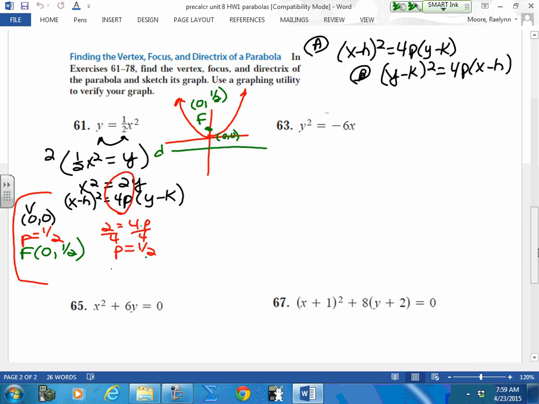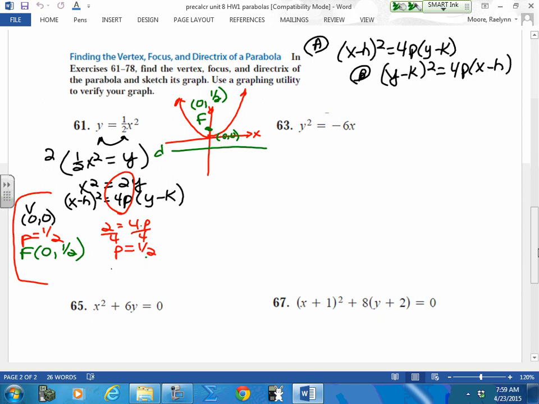Is the red line going across? Oh, that's the axis. That's the x-axis. Sorry. My greens are my focus and my directrix. The red is my x-axis. This is my y. I tried to change the color so it would look a little better.